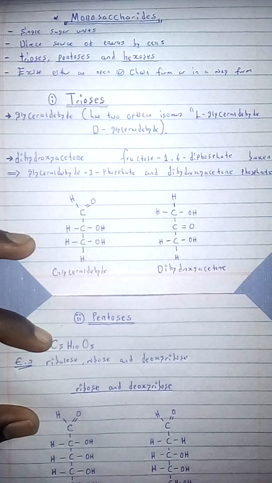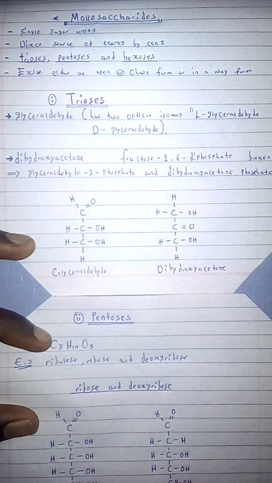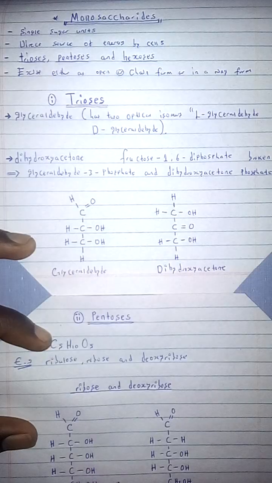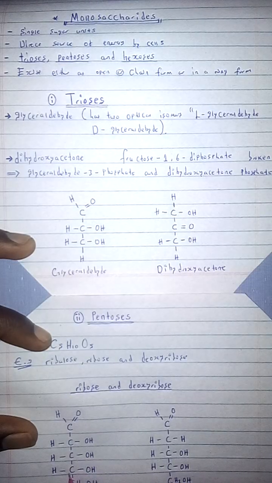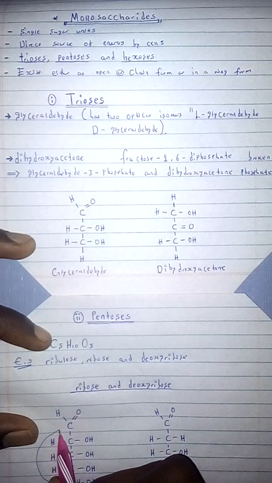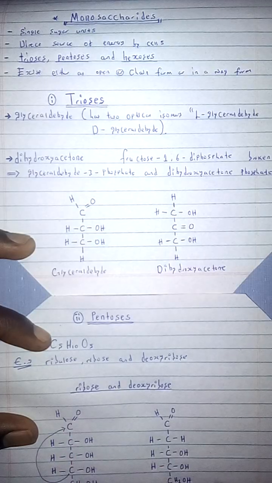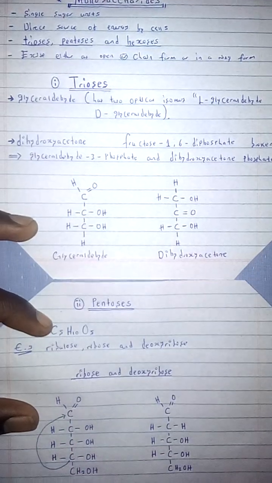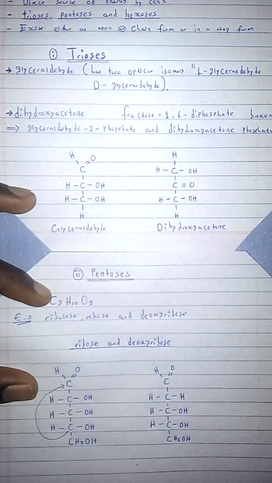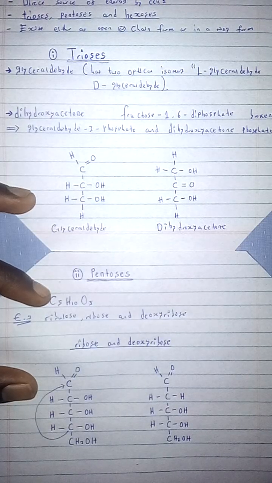But we also need to take note that carbon 4 combines with carbon 1 of the open chain of both ribose and deoxyribose, resulting in the formation of a 5-membered furanose ring. So what simply happens is that carbon 4 will combine with carbon 1 to form a 5-membered furanose ring.